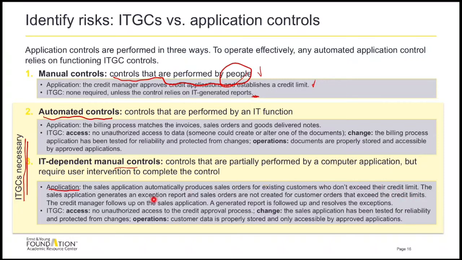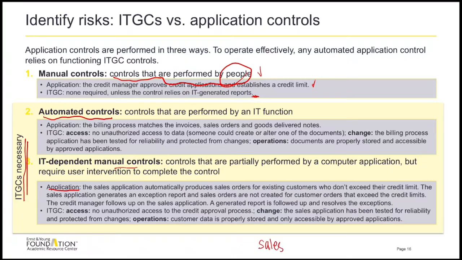The sales application generates an exception report, and sales orders are not created for customer orders that exceed the credit limits. So the credit manager follows up on the sales application-generated report and resolves the exception.